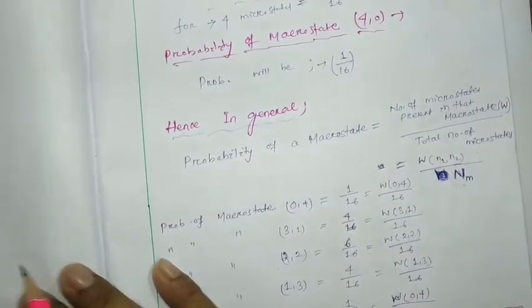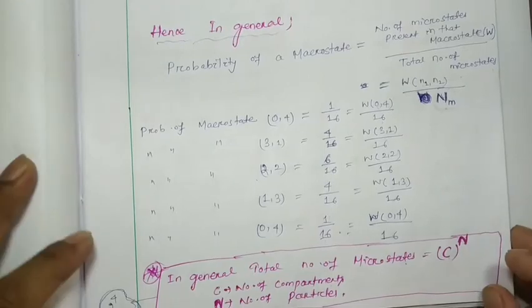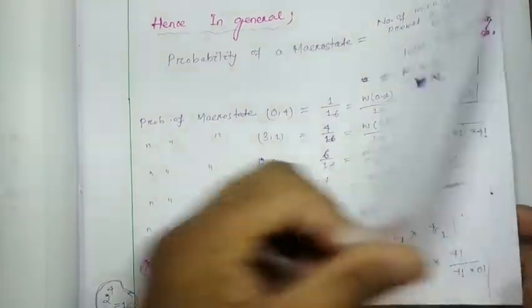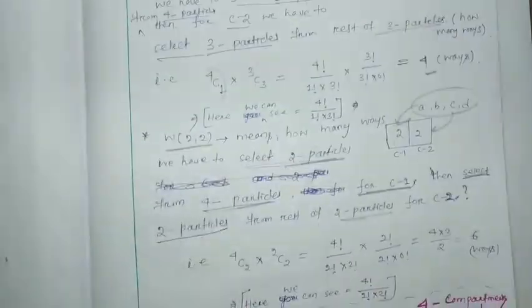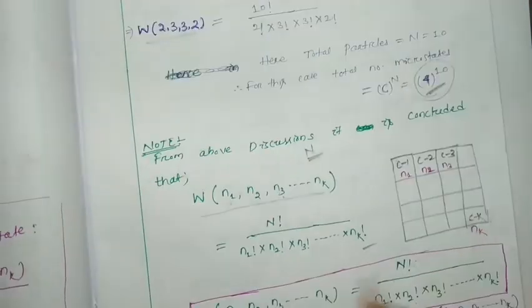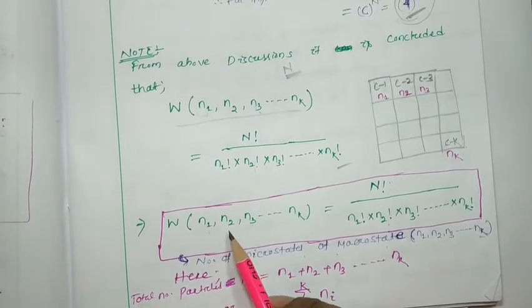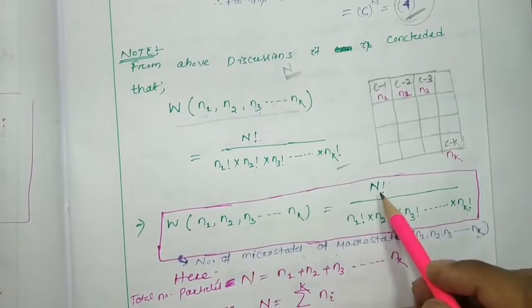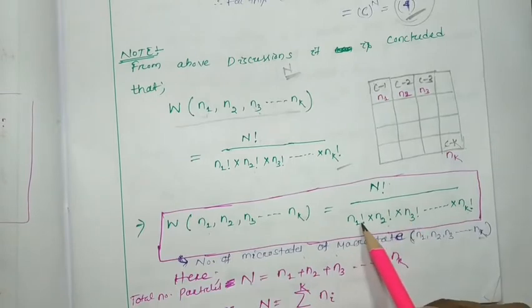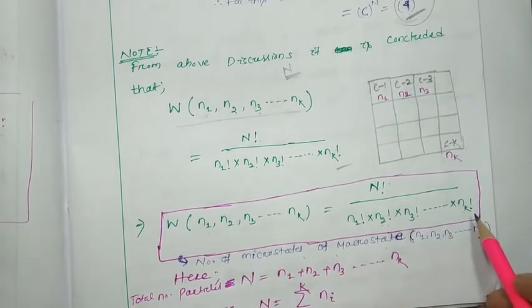Here we found that in general the total number of microstates will be c to the power n, where c is the number of compartments and n is the total number of particles. By considering different examples, at last we found that the thermodynamical probability for n1, n2, n3 up to nk is W equals n factorial divided by n1 factorial into n2 factorial into n3 factorial up to nk factorial.